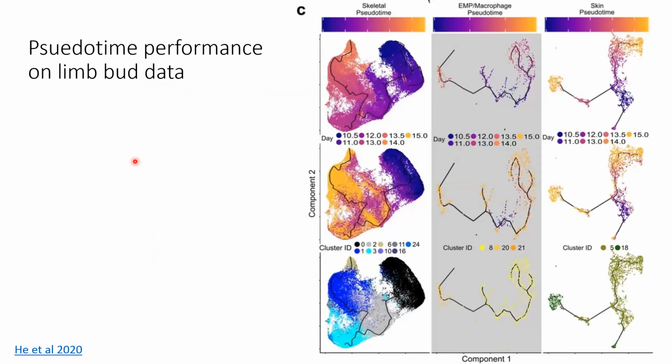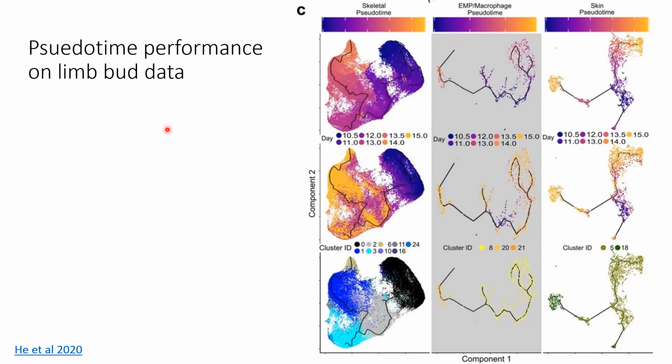So here is just one more example of pseudotime performance on real time course data. So in this experiment, researchers undertook a really large single-cell RNA-Seq analysis project where they sequenced many different things from the mouse to create kind of an atlas reference project.